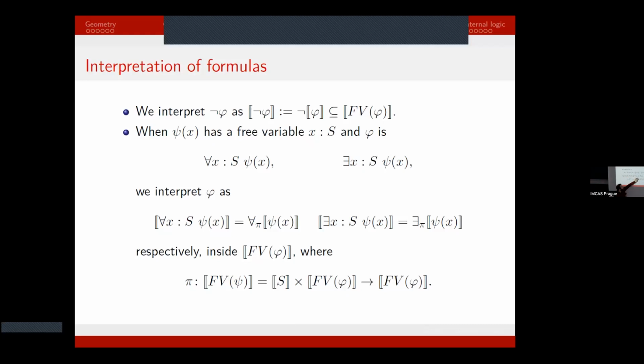So this is the extra element, and the projection is exactly forgetting about this part. So we know that the exists and for all correspond to the notion we want of exist and for all, the ones I showed before, in the Heyting algebra.